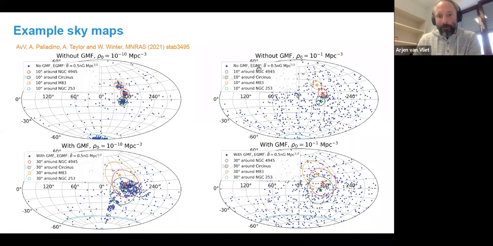And the top two plots are without deflections in the galactic magnetic field. So if you now turn on the deflections in the galactic magnetic field, then you get these two figures here. You see that the galactic magnetic field can strongly deflect the particles, and due to this, you already significantly reduce the observable anisotropy.